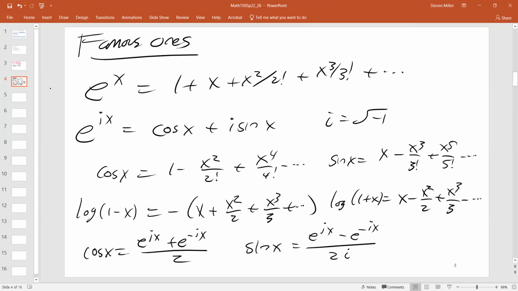Anybody remember the notation cis x or cis theta from high school, cosine plus i sine? My daughter saw this in her algebra 2 stuff recently, and I was just wondering who still uses this notation.